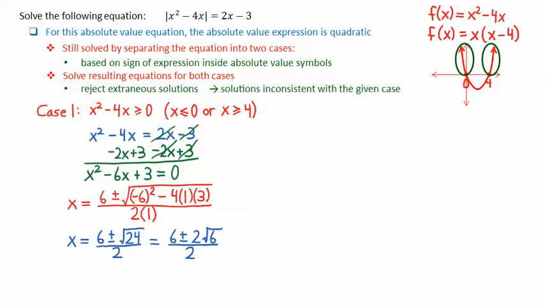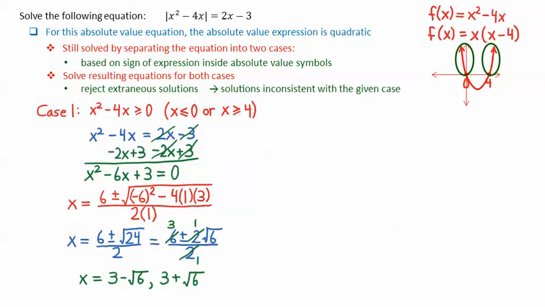We can then divide each term on the top and bottom by 2, canceling out the 2's, giving x equals 3 plus or minus root 6, or x equals 3 minus root 6, or 3 plus root 6.